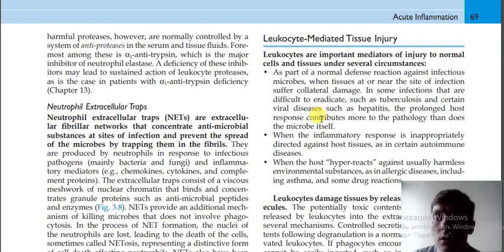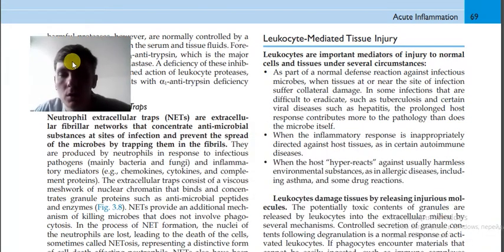So actually, collateral damage. When our cells start to defend ourselves against these viruses, I remind you, they activate the apoptotic reaction. They activate the apoptosis of the cells. When the inflammatory response is inappropriately directed against host tissues, as in certain autoimmune diseases, that's very common.